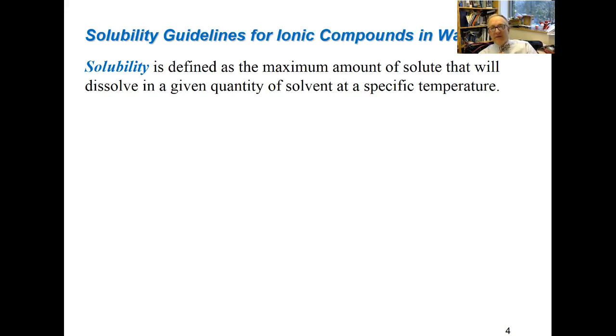Solubility is the maximum amount of solute, the substance present in lesser amount in a solution, that will dissolve in a given amount of solvent at a specific temperature. You change the temperature, you change the amount of solute that can be dissolved. Typically, when you increase the temperature, you dissolve more solute in a solvent.